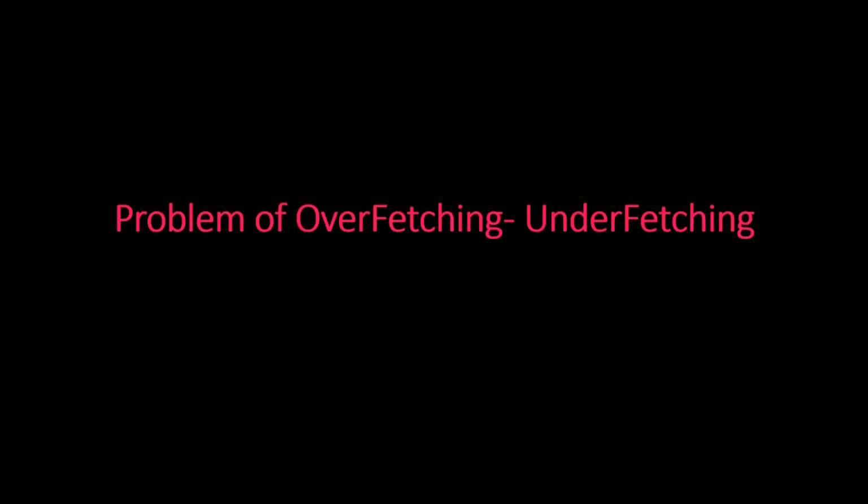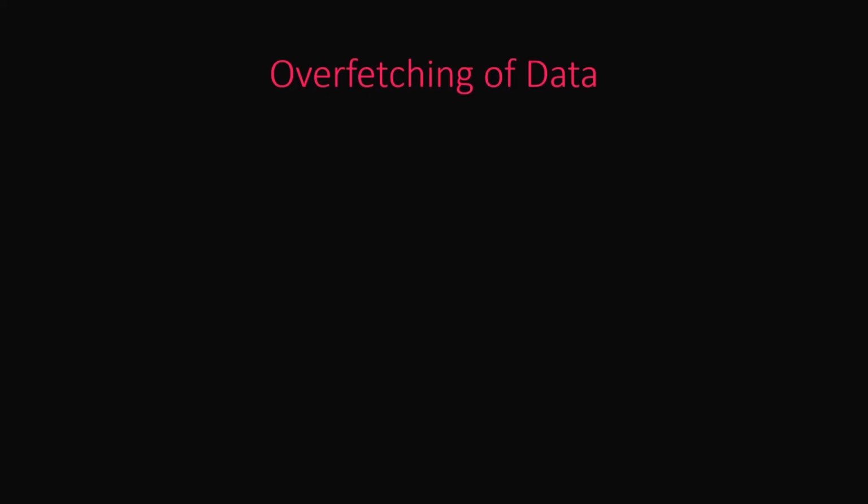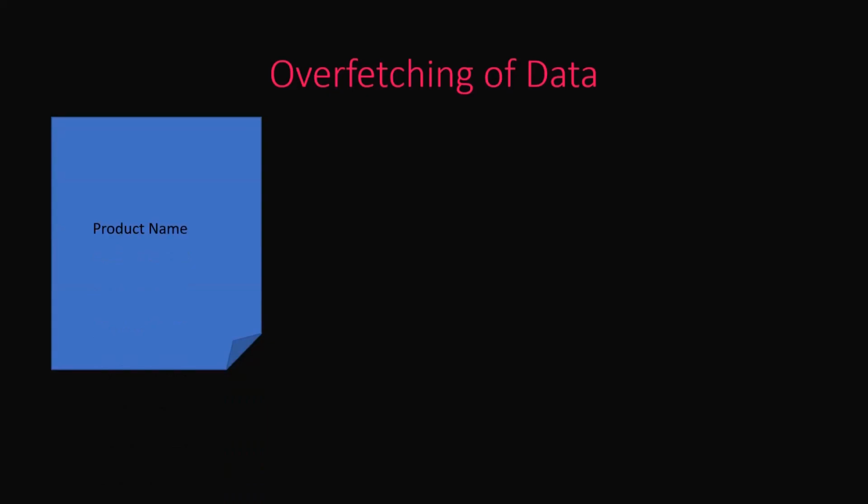Now let's try to understand certain problems that we faced while using REST APIs. The first of them is the problem of overfetching and underfetching of data. To understand this, let's look at an example. Suppose I have a website where I'm showing just the product name.